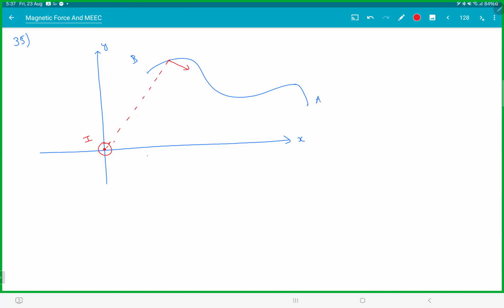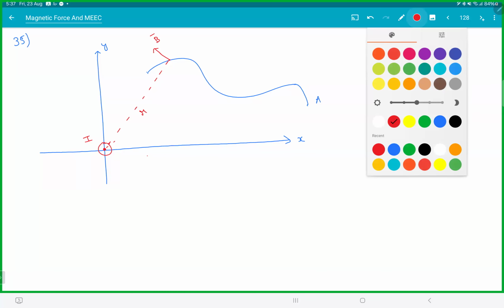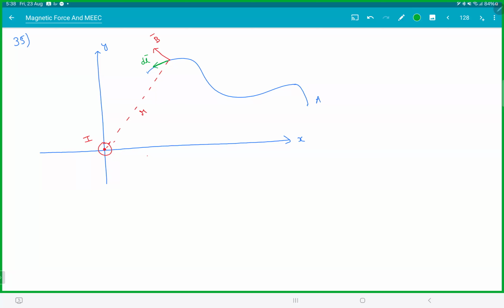This is your magnetic field B bar. Let this distance be R. Here, take a small length dl, and let the angle between these two be theta.